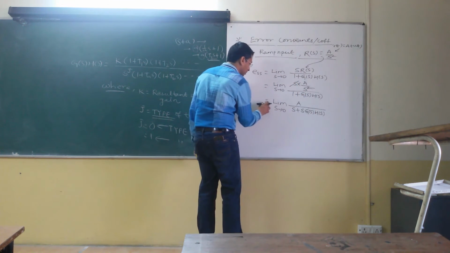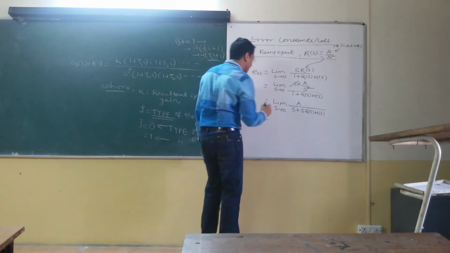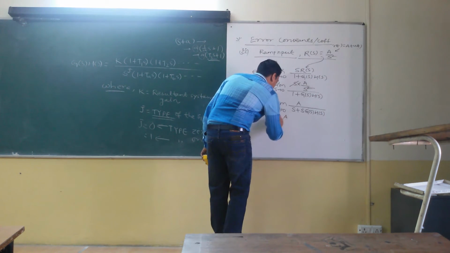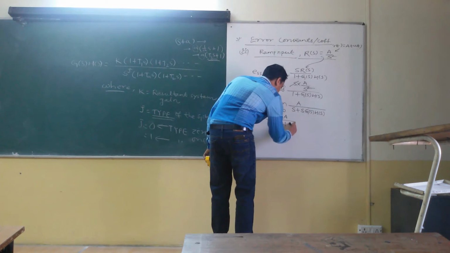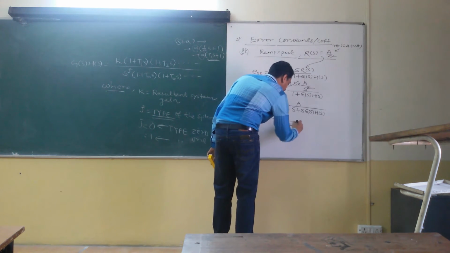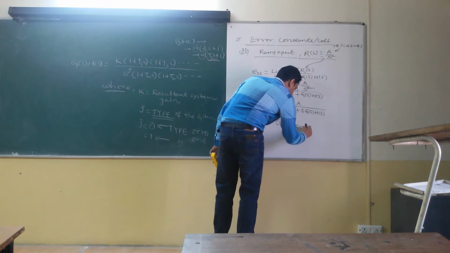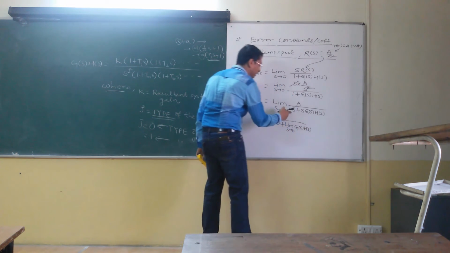This expression you can also write like this: A upon 0 plus limit s tends to 0 s G(s)H(s), meaning you have put the value of limit here.